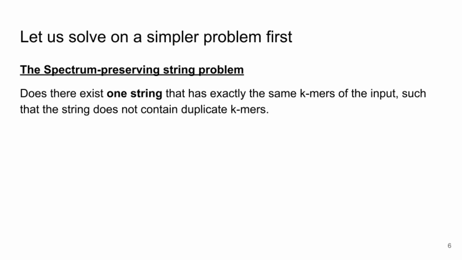Now this problem may seem difficult at first, because it corresponds to the Hamiltonian path problem on de Bruijn graphs. A Hamiltonian path on a graph is a path which visits every node of the graph exactly once. And again, the Hamiltonian path problem is NP-hard on general graphs.